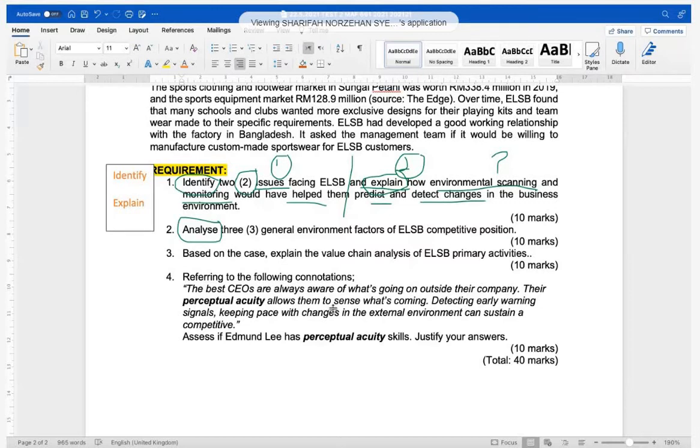What kind of environment factors do they want you to find? It is the general environment factors. So what are the general environment factors?